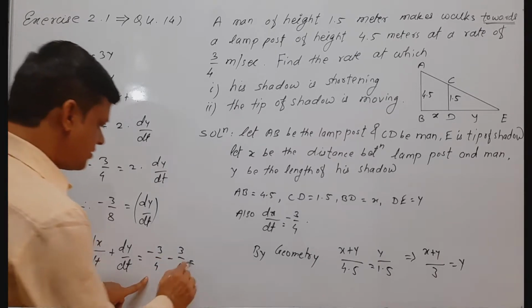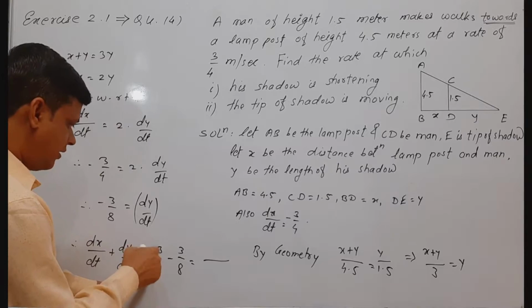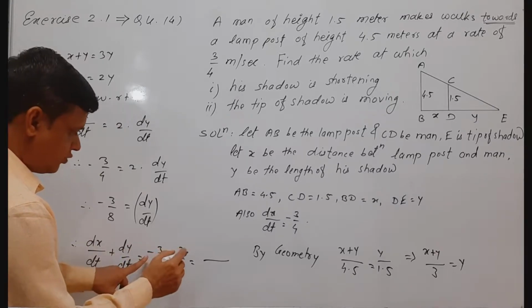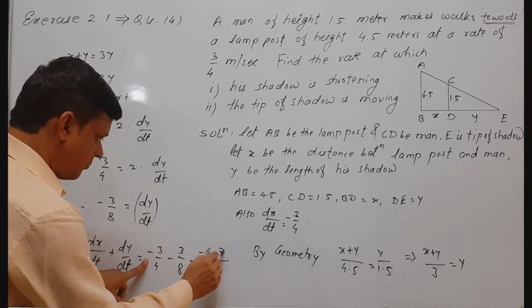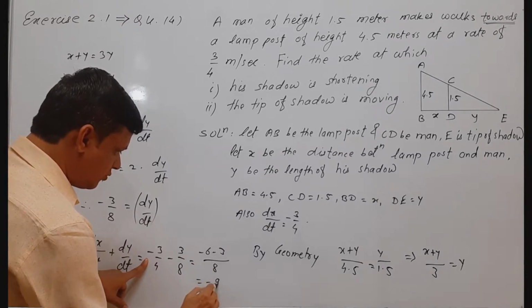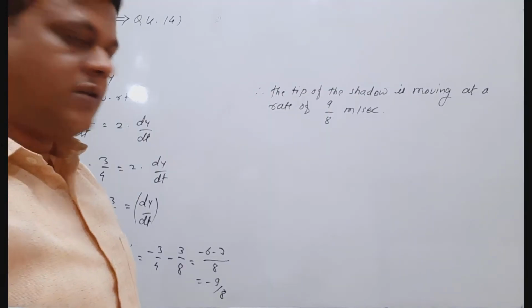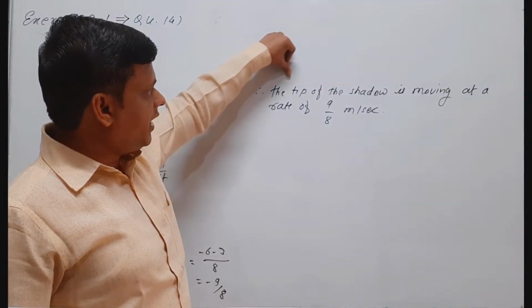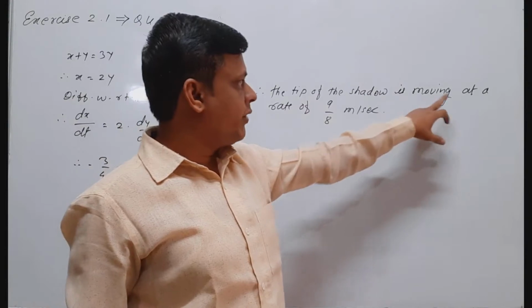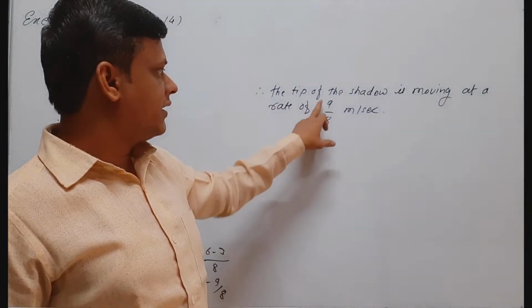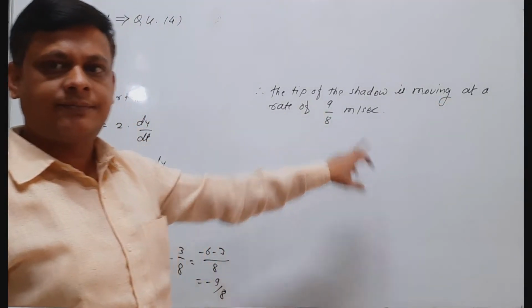So making the base same, we multiply and divide by 2 the first term. So we get minus 6 minus 3 by 8, which is equal to minus 9 by 8. Therefore the tip of the shadow is moving at a rate of 9 by 8 meter per second.